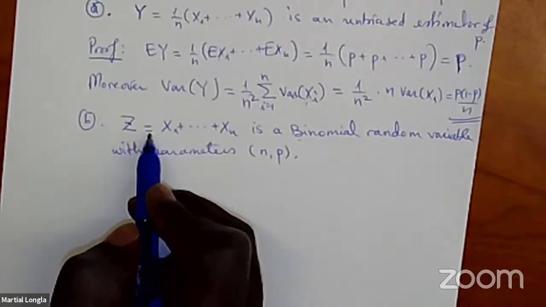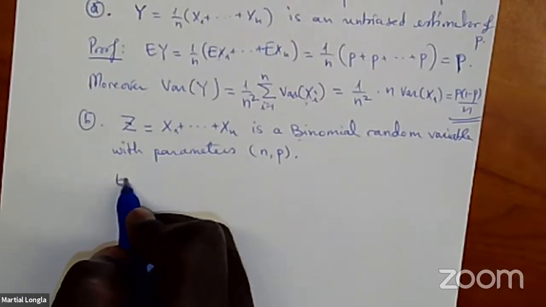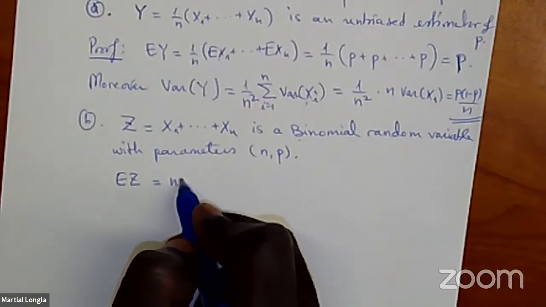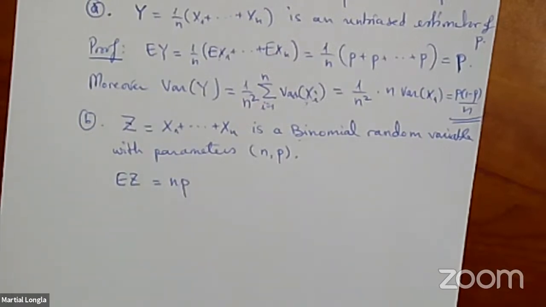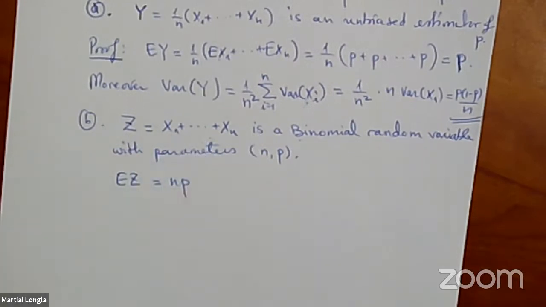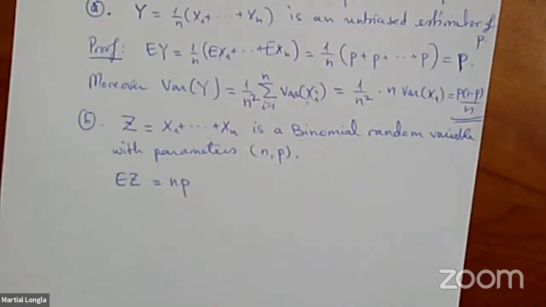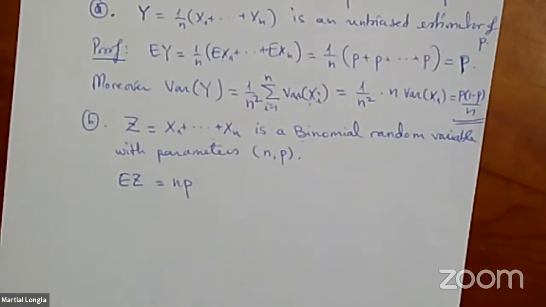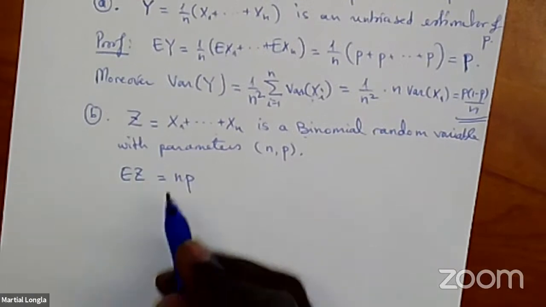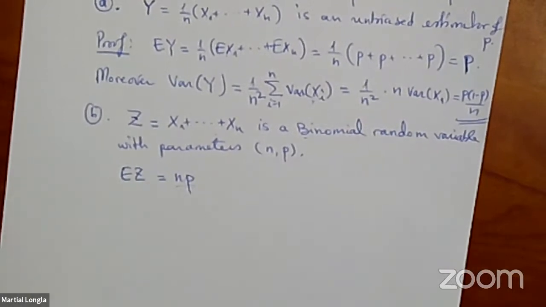So here, of course, the expected value of z equals n times p, because it's the expected value of x1 plus the expected value of x2 plus down to xn. They are all equal to p, so it's n times p. That's why the expected value of the binomial is n times p. But if you look at the formula of the binomial distribution and try to prove this using the formula, it will take a lot more work.